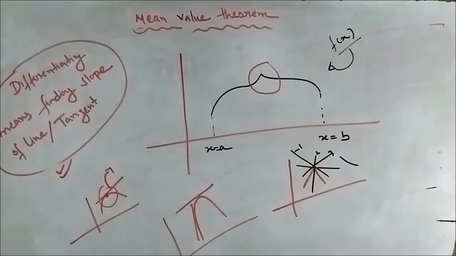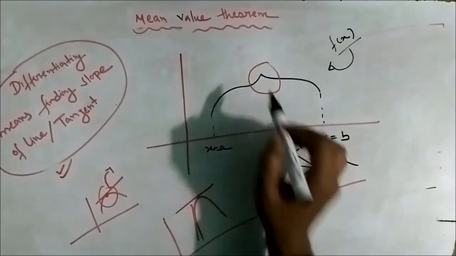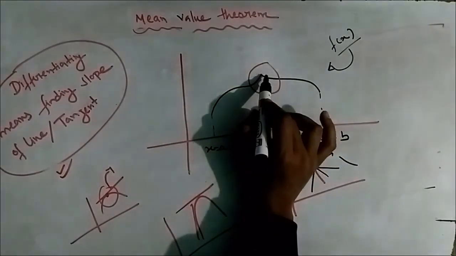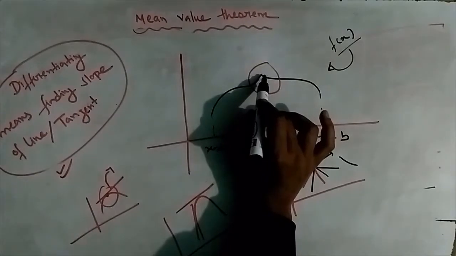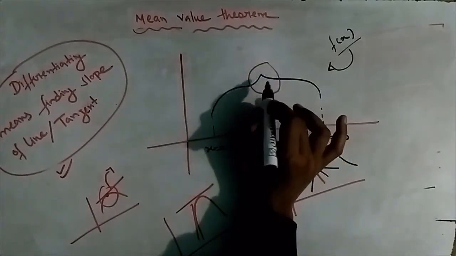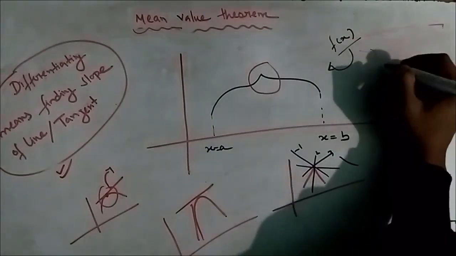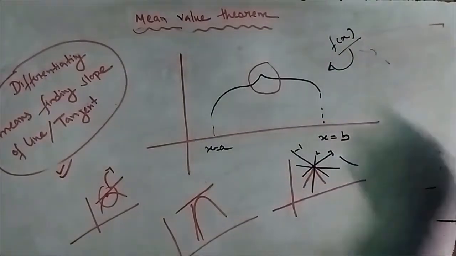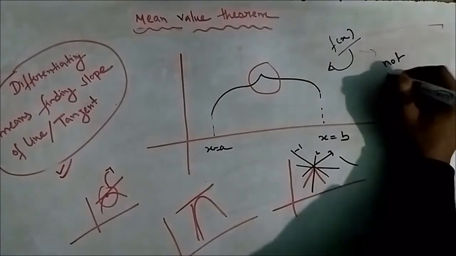So we cannot draw a tangent at any sharp point. If there is no tangent, then the slope at this point cannot be calculated, so this point is not differentiable, and the function is not differentiable.